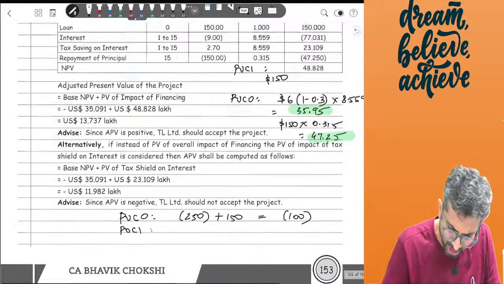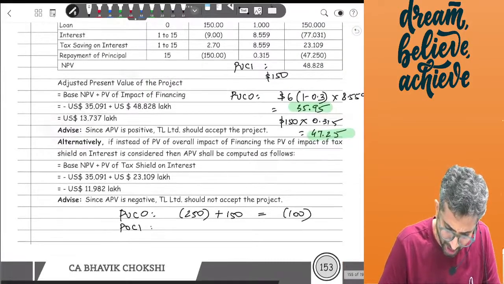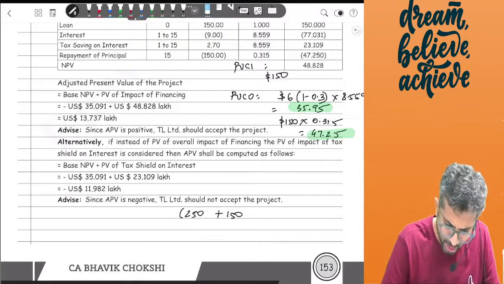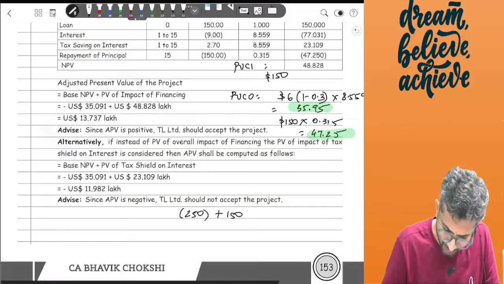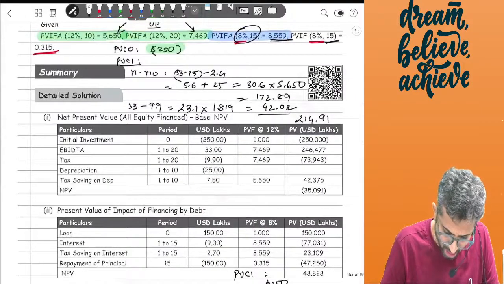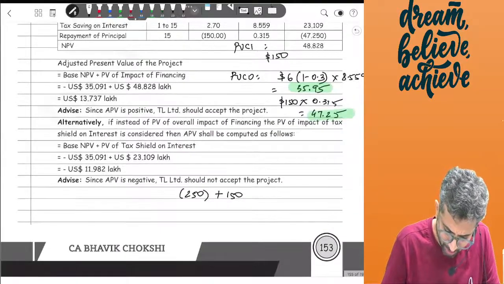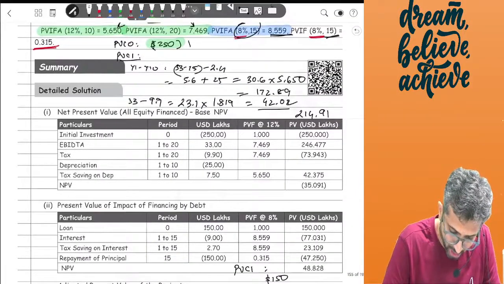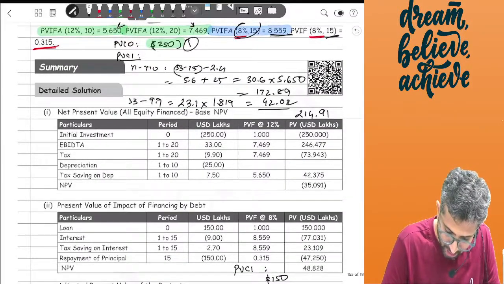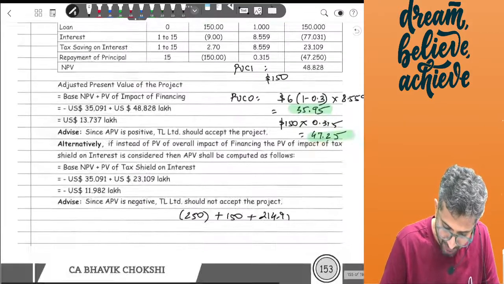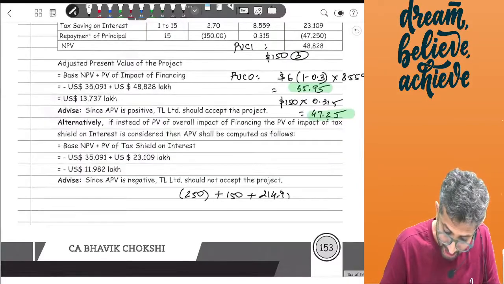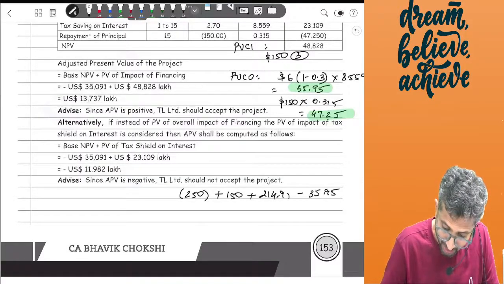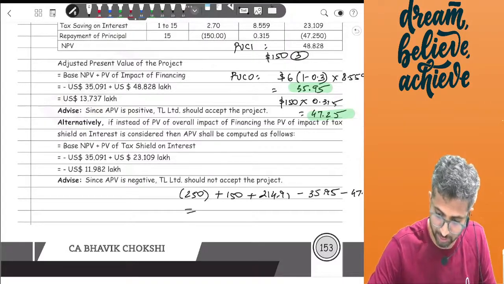Let us take all of these numbers: 250, then 214.91, which is your operating cash flows. I've taken the 250 total, the 214, and this 150 as well, then minus 35.95, which is a cash flow, minus 47.25, which is a cash flow. So this is 250 negative plus 150 positive.